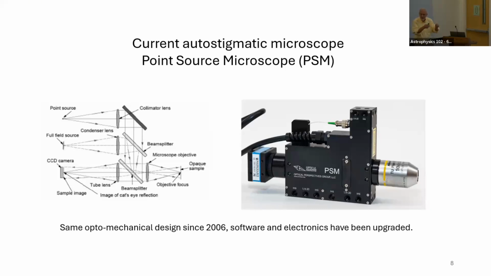If you want to look at a particular place in the field of view to get your laser lined up with that, you can do that. The full field and the point source are parfocal, in this same plane.